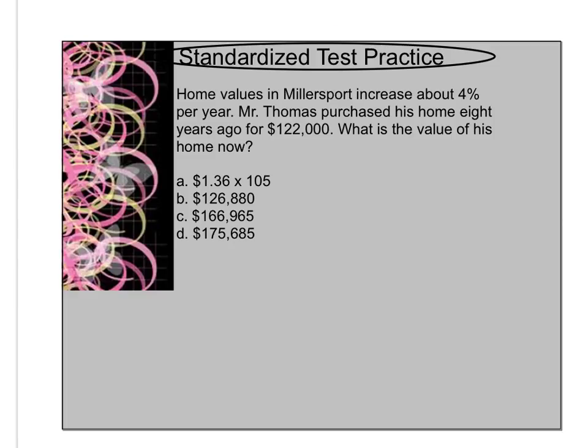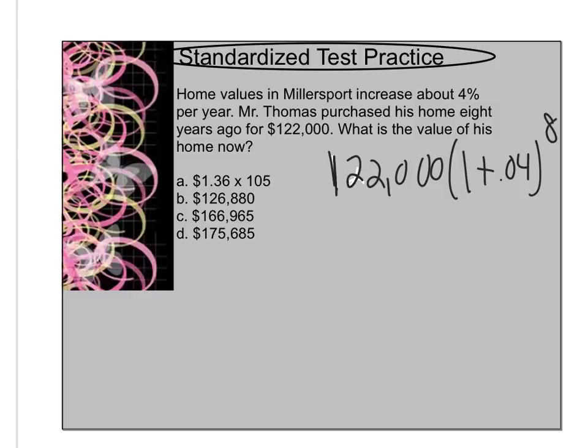All right, so take a look. Home values in Miller Sport increase 4% per year. Mr. Thomas purchased his home 8 years ago for $122,000. What is the value of his house now? So he's got $122,000. You know, white was a bad choice. $122,000 grows at 4%, so that's 0.04. 8 years ago.